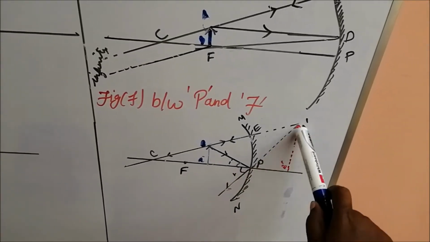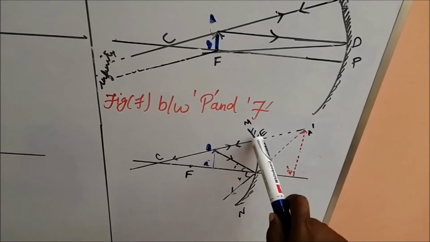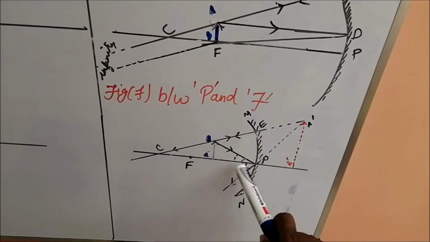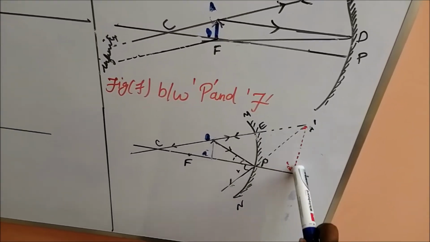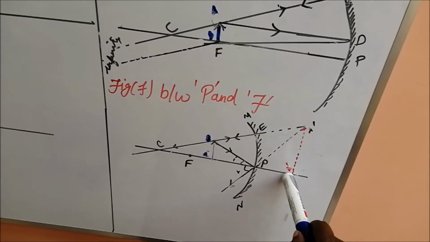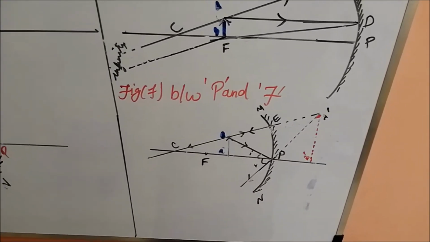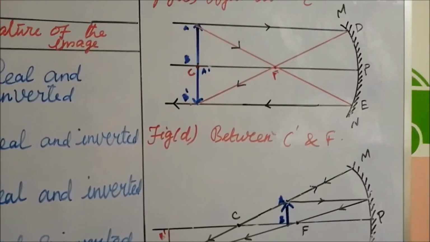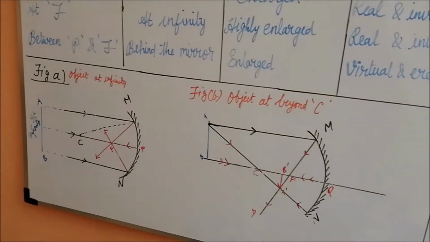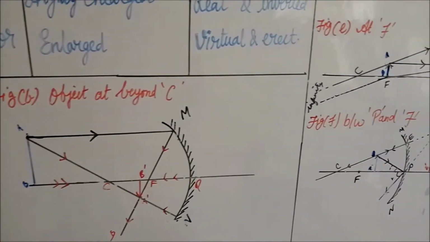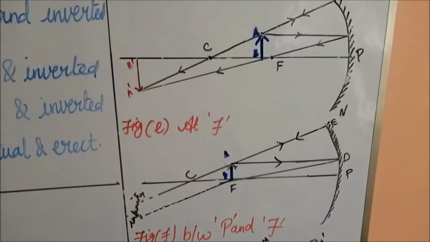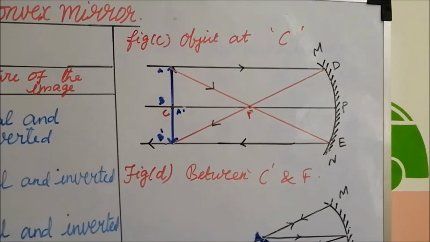If we draw an imaginary line, or a dotted line through this path, we will have the image beyond the mirror, A dash and B dash. In all the figures, AB represents the position of the object, and A dash B dash represents the position of the image.